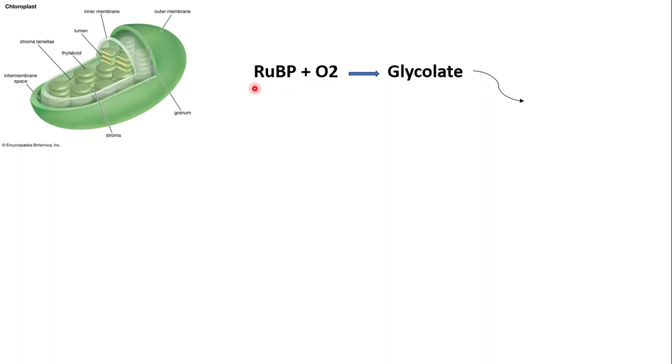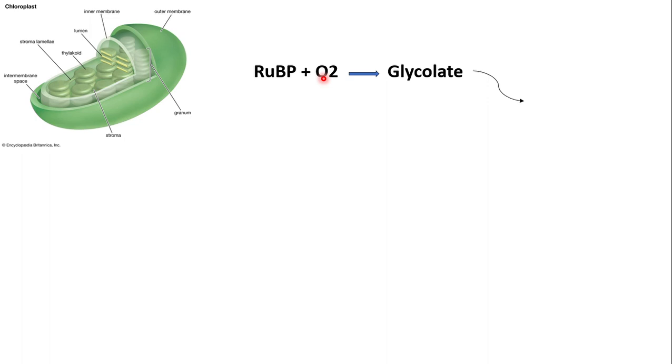While in the Calvin cycle we have seen that rubisco was helping in the mixing of carbon dioxide with RUBP. So Rubisco can act both as oxygenase and carboxylase. Means when it helps the mixing of oxygen with ribulose bisphosphate, it is acting as oxygenase, and whenever it helps in the mixing of carbon dioxide with RUBP, then Rubisco is acting as carboxylase.